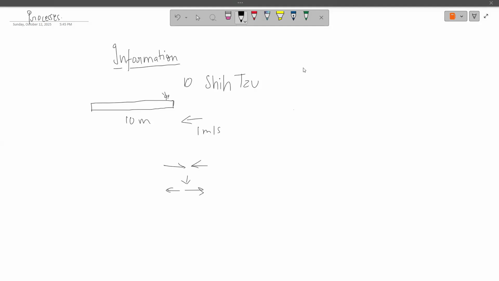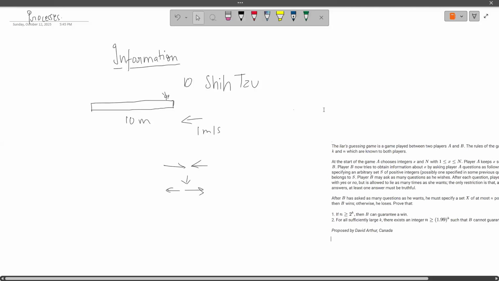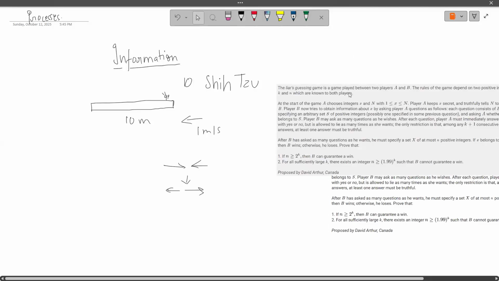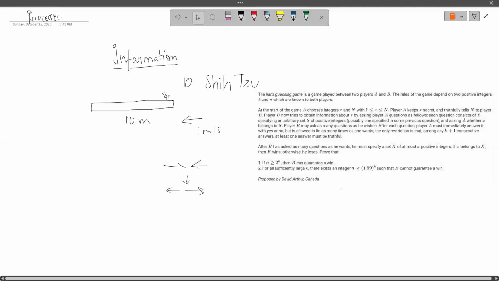This should be a good buffer. Yes, people, this is the buffer problem. I will paste it here as well.